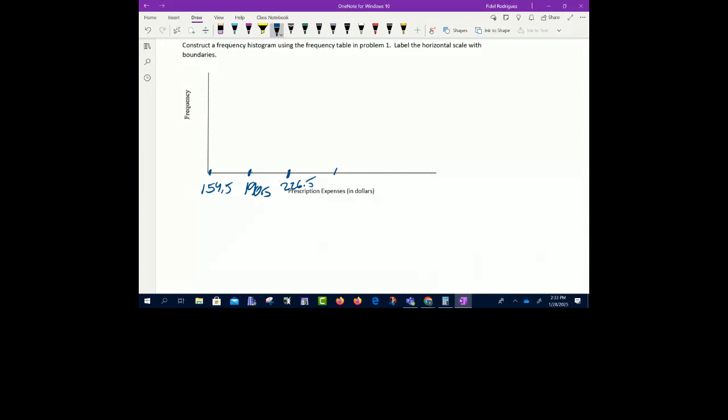Okay, y'all, what would the next one be? 261.5? Okay, and what about the one after that? After the 261, what's the next upper class limit?